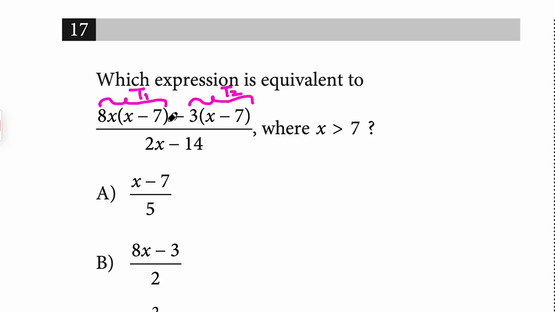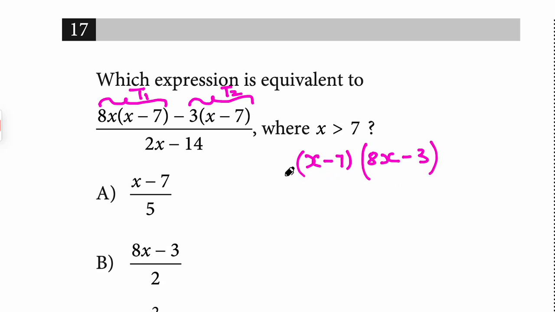So you can see (x − 7) is common in both terms. It is in term 1 as well as in term 2, so we will take it common, in parentheses. Now what is left? Left is 8x from the first term and −3 from the second term.